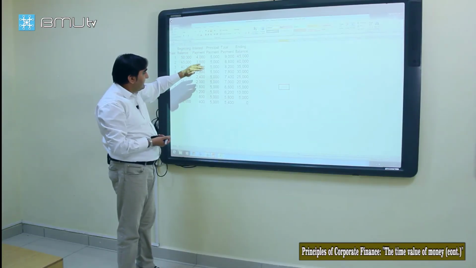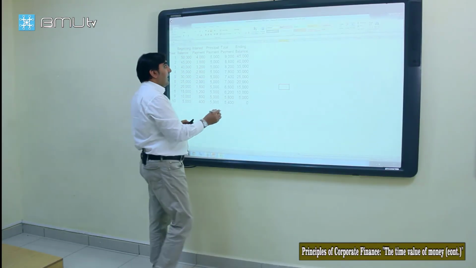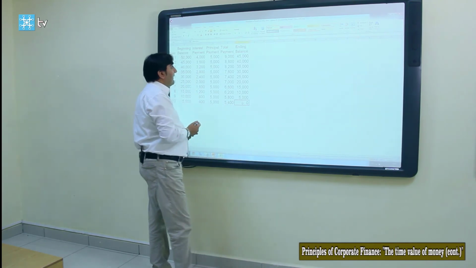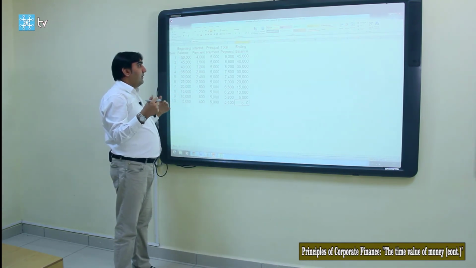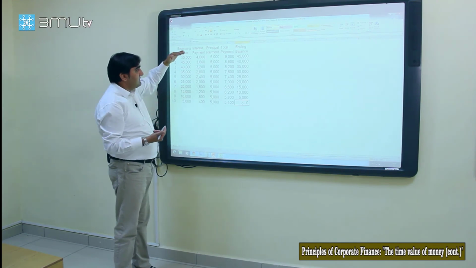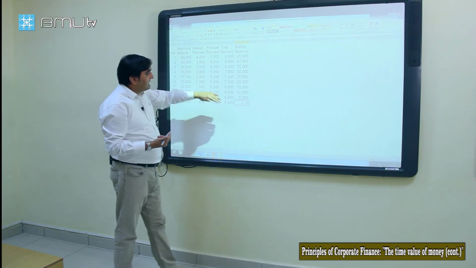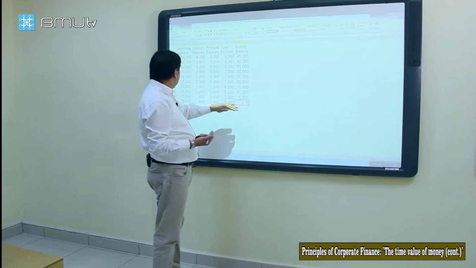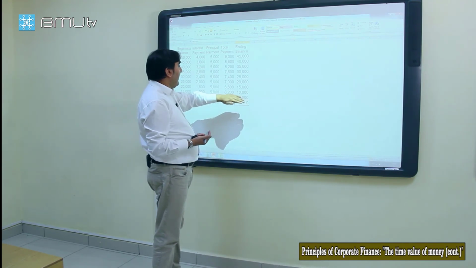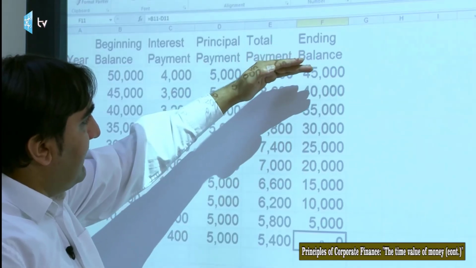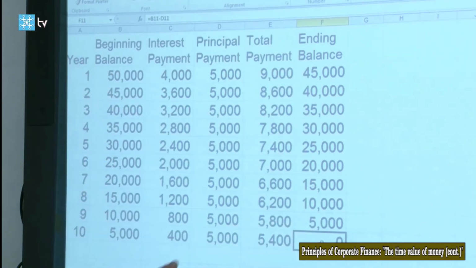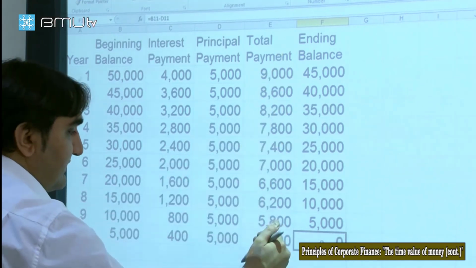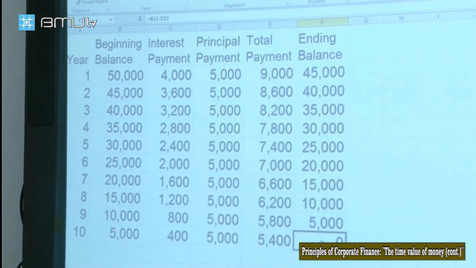If we continue this, at the end of the period our ending balance will be 0. This is a sample of loan amortization. We amortize our loan and it comes to 0 in 10 years. So the ending balance goes down 5,000 each year, and our total payment decreases also, but the principal payment is fixed.